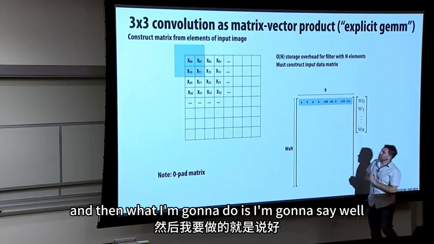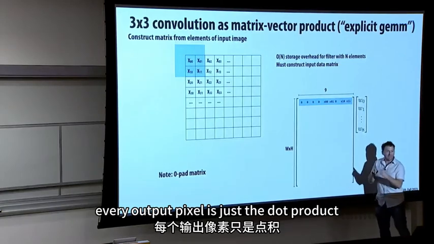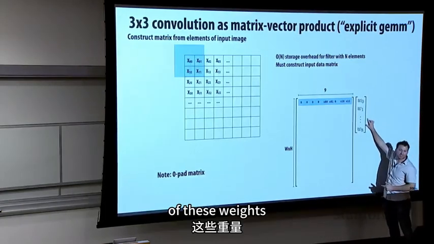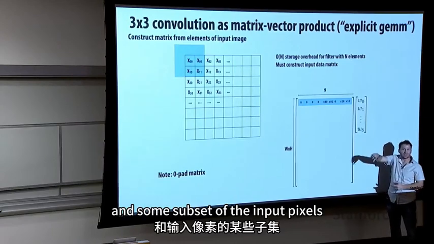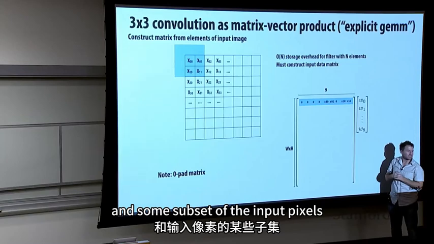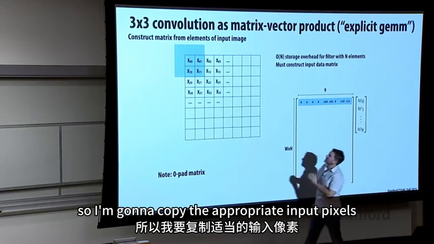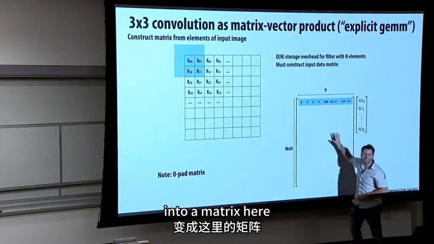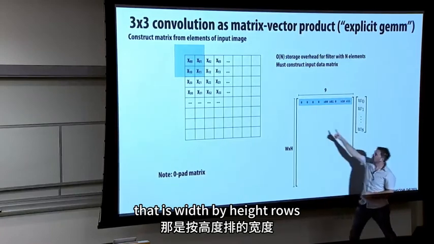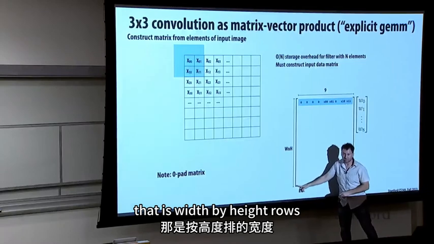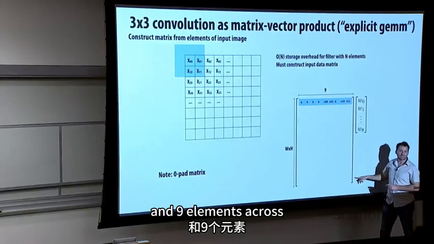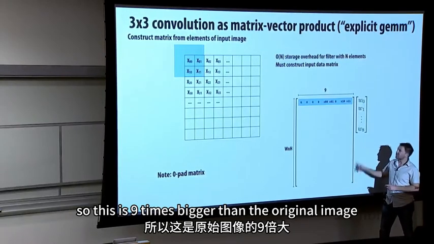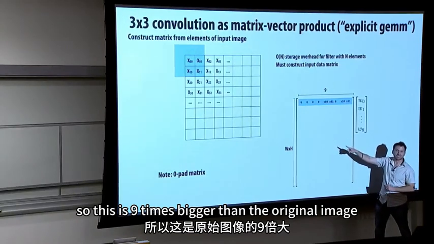Every output pixel is just the dot product of these weights and some subset of the input pixels. So I'm going to copy the appropriate input pixels into a matrix that has width times height rows and 9 elements across. So this is 9 times bigger than the original image.